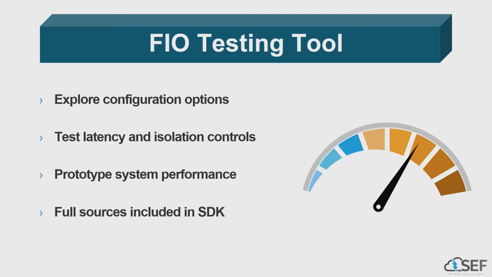You can do all that, explore all that configuration with just the CLI and the FIO tool without writing a line of code. Okay? So this allows you to essentially prototype your expected performance with a particular configuration.